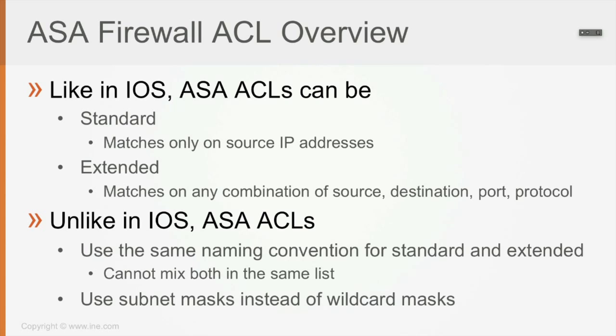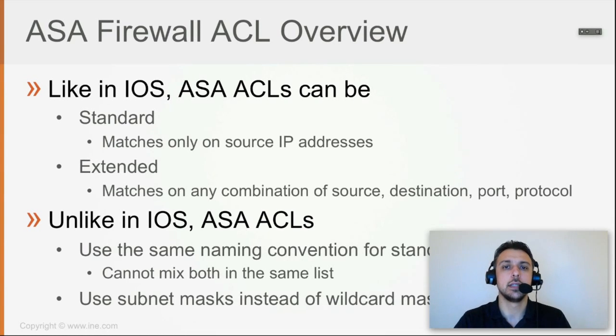So if on IOS you could differentiate between standard or extended ACLs based on the number, on the ASA it only supports named ACLs, which means you're going to differentiate between standard or extended by explicitly configuring the ASA that it's going to be a standard ACL or an extended ACL when you define the access list.